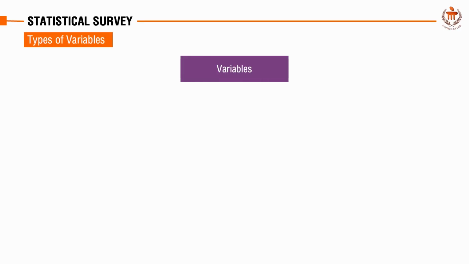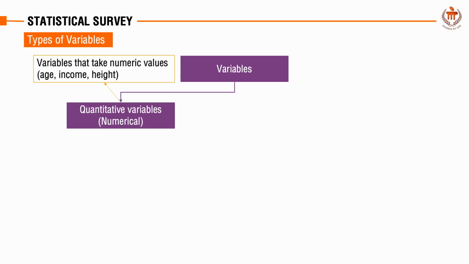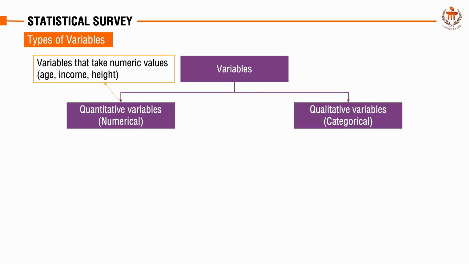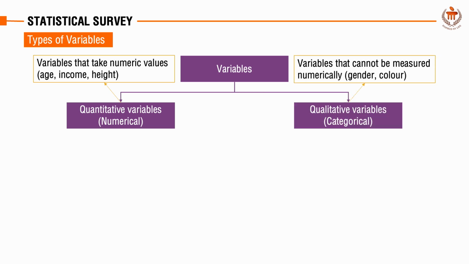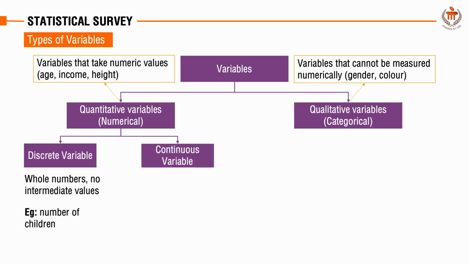Types of variables. Talking about the variables, we have quantitative variables or numerical, which take only numerical entries like age, income, height. There are qualitative variables which cannot be measured, like gender, color. Quantitative variables include discrete variables, which take whole-number values with no intermediate values, for example the number of chickens, and continuous variables, which can take any value within a range, for example height, weight, time, temperature.